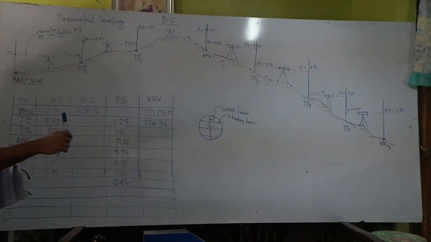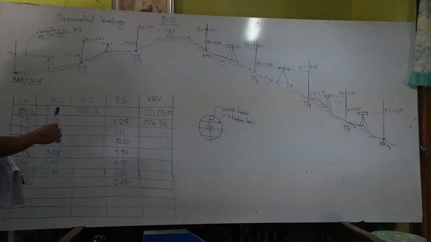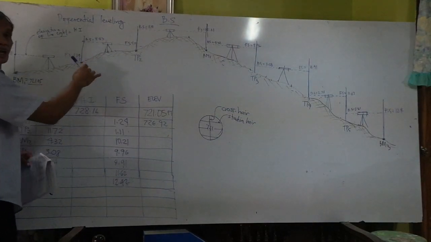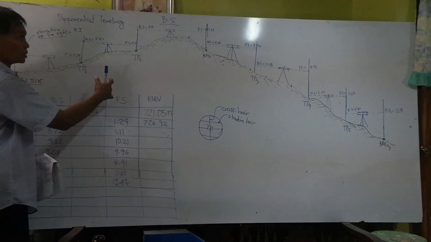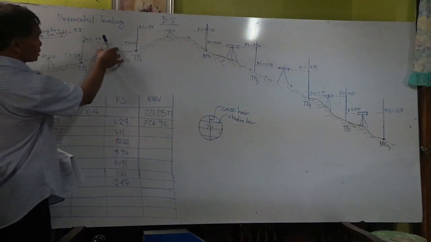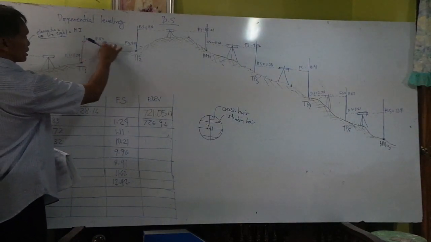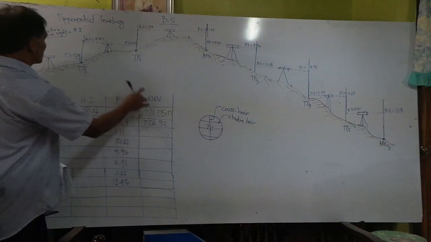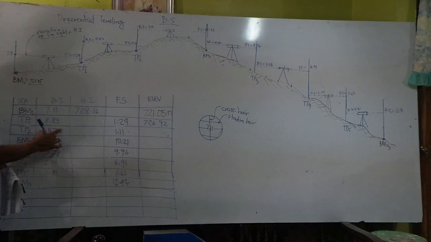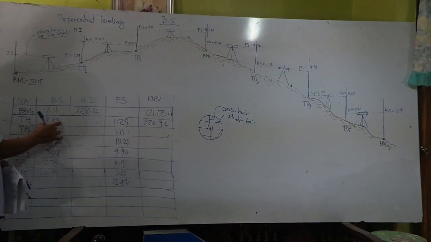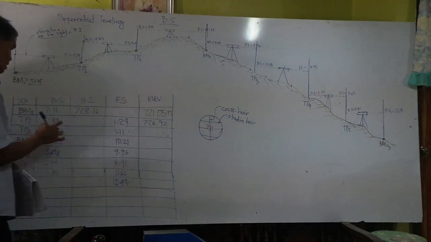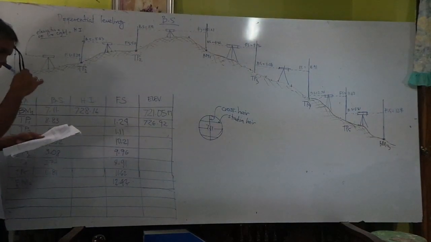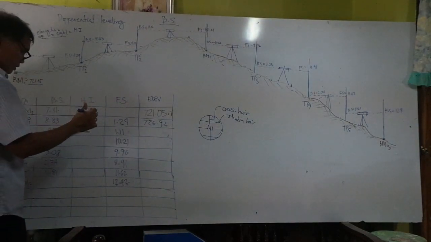Again, in the same manner, now that we have the height of the instrument, the instrument is moved to the next setup. So you have another height of the instrument, which is just equal to this elevation plus this backside, which is equivalent to 735.75.